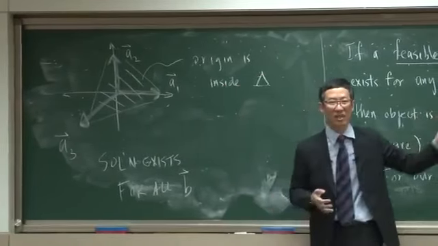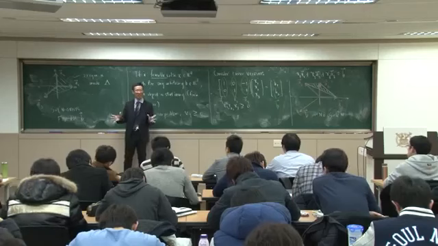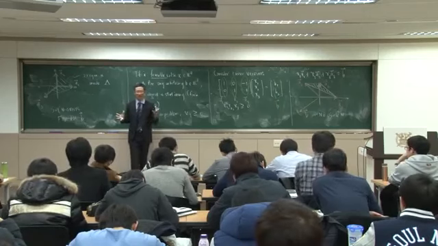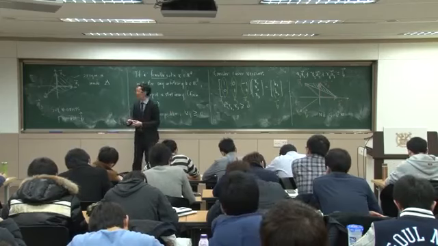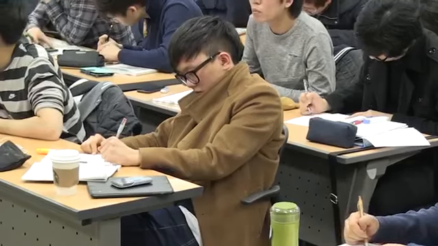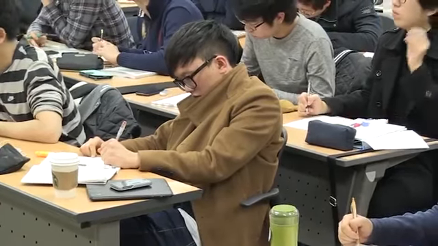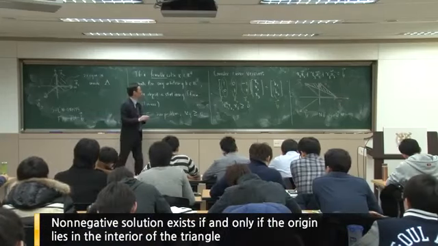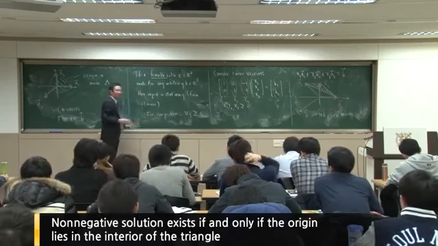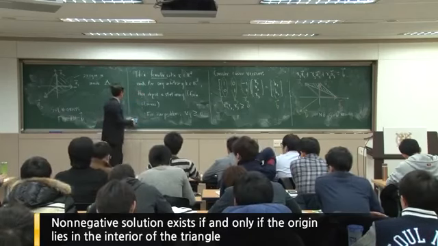Over there, the origin is outside the triangle. So that seems to be the fundamental difference between these two situations. So this is what we want: we want the origin to be in the interior of this triangle. Okay, so now let's go back to the example.